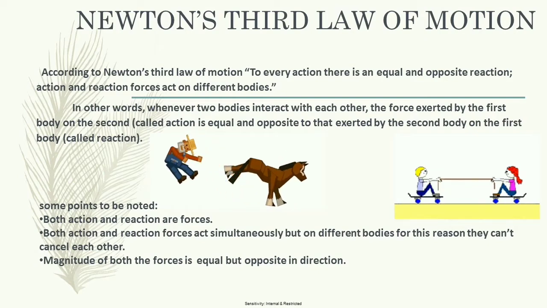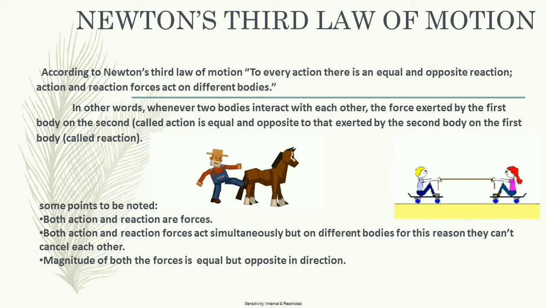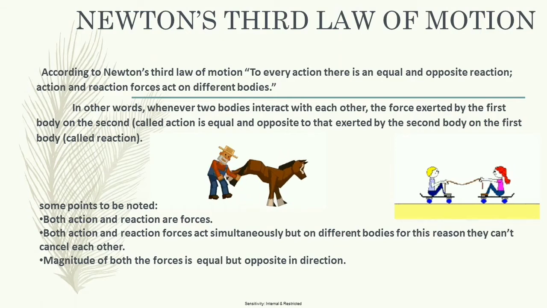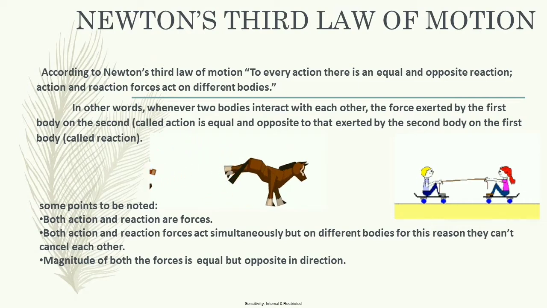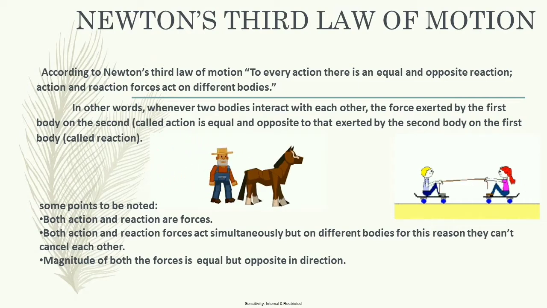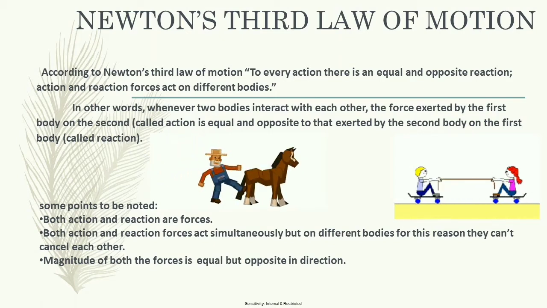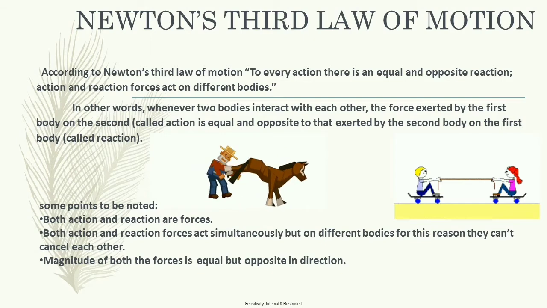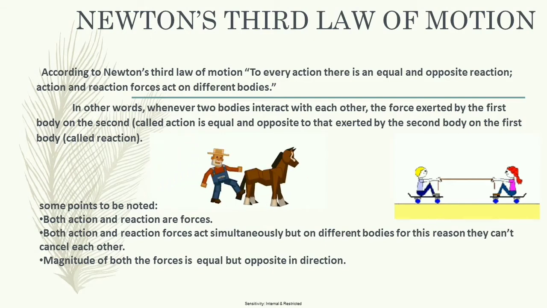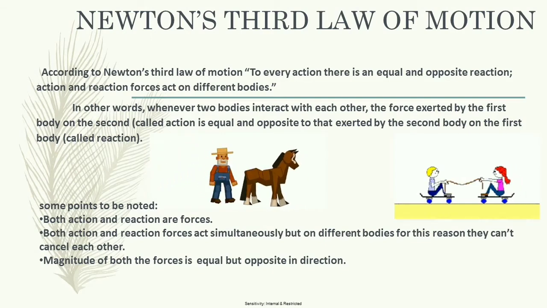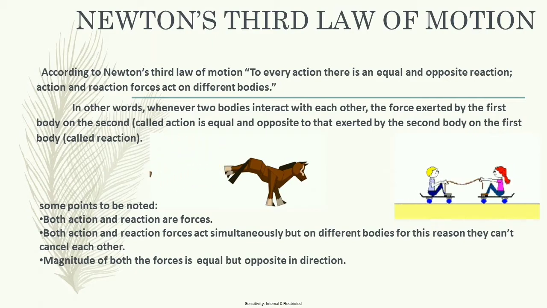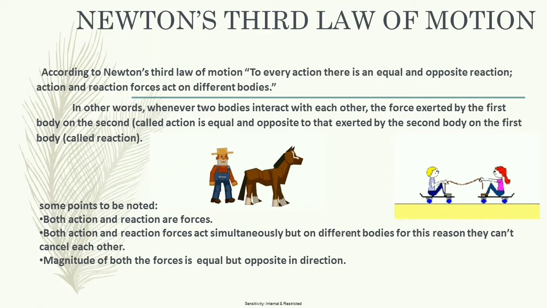Suppose one body is pushing with an action force of 5 Newton. The second body will also exert a force of 5 Newton but in the opposite direction. So the magnitude of the action force and the reaction force will be equal but the direction will be changed.